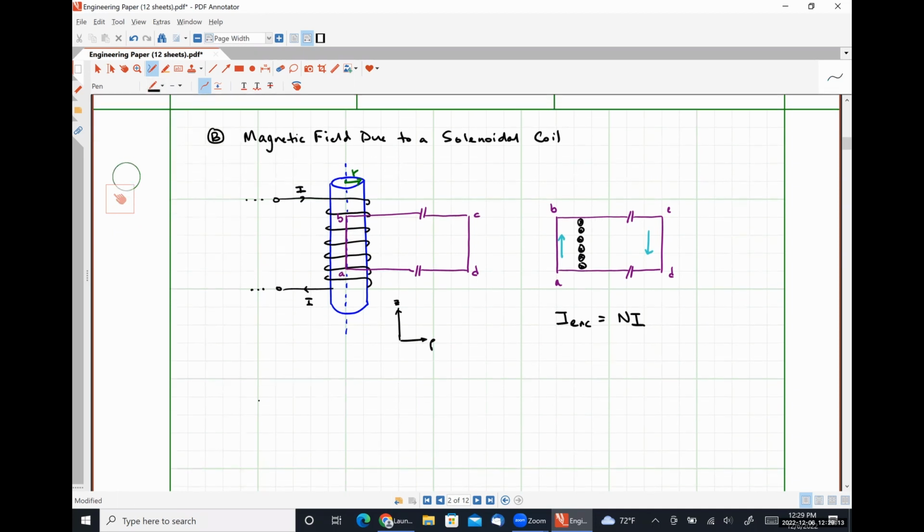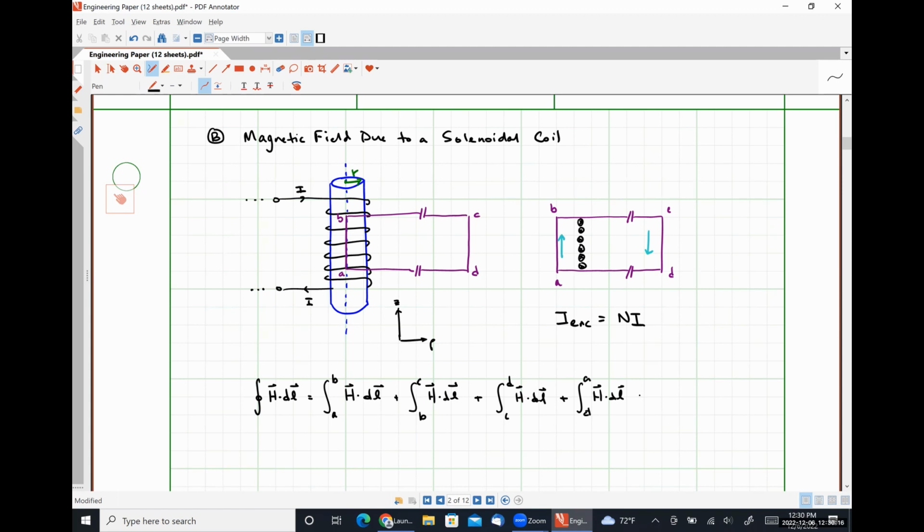So our line integral, H dot DL, is going to be equal to the integral of H dot DL from the path A to B, plus the integral of H dot DL down the path from B to C, plus the integral of H dot DL along the path from C to D, plus the integral of H dot DL along the path from D back to A. And since we're back to the point we started from, our line integral is closed and we're done adding terms to it.